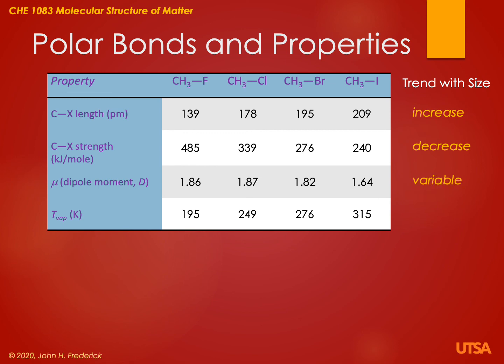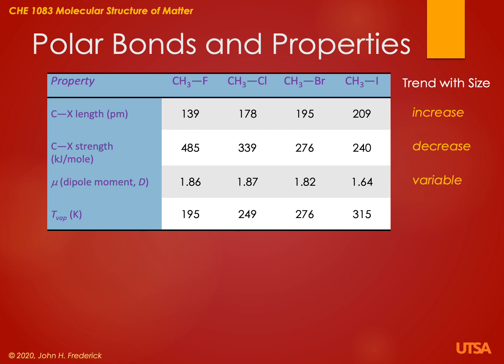Dipole moment is variable, and this is actually kind of an interesting one. The first three are all pretty comparable. The last one is smaller. Remember, the dipole moment is the charge separation times the length of the bond. The bond is getting longer in each of these cases, so it tells us that the charge separation is actually getting smaller. We're getting less electronegativity in those halogens, so they're not separating charge as much.